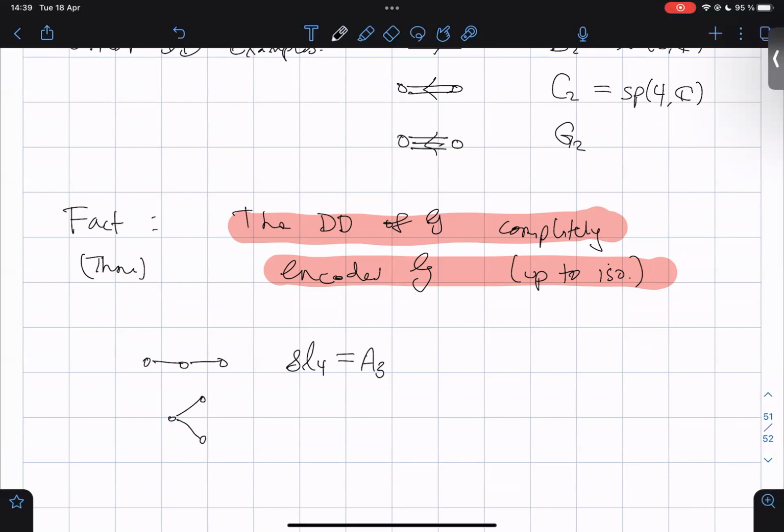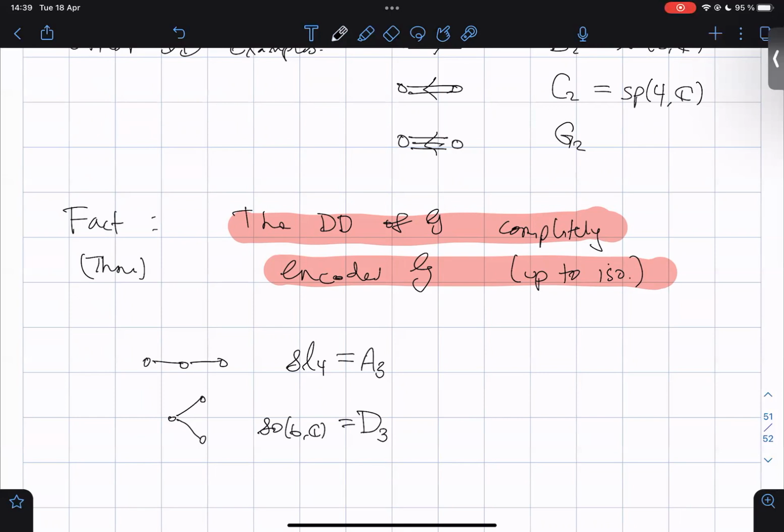This is D3, which is SO6C, so I should have SL4C. It's basically graph isomorphism indicates Lie algebra isomorphism. It's awesome. It's fantastic.